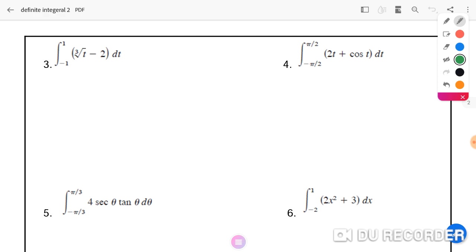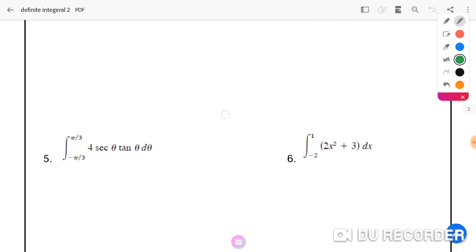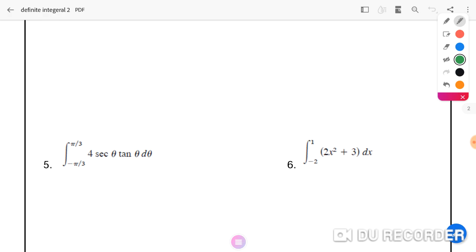I think it is so easy. Solve number 5. As you see, I know the integration of any number multiplied by a function will be this number multiplied by the integration of this function. Secant theta tan theta, its integration, I know it is what?